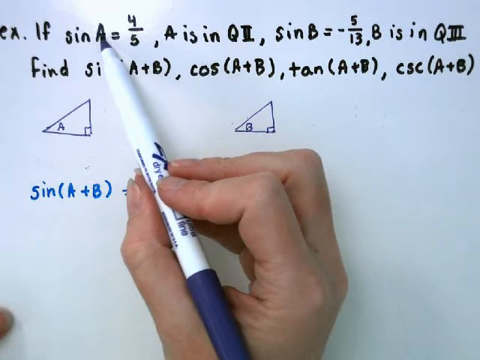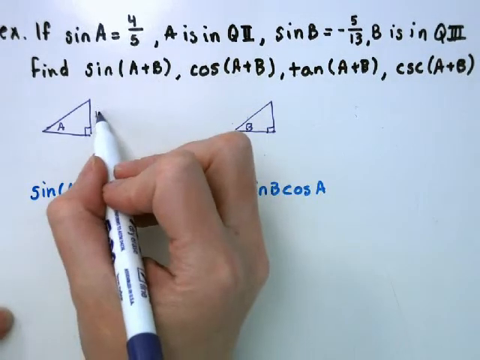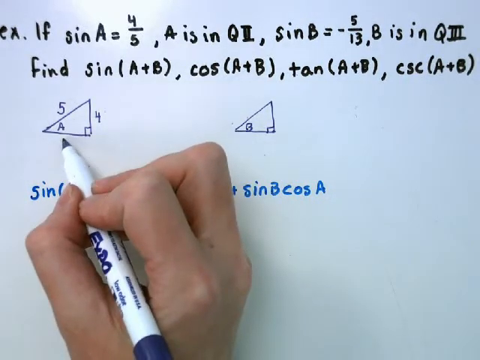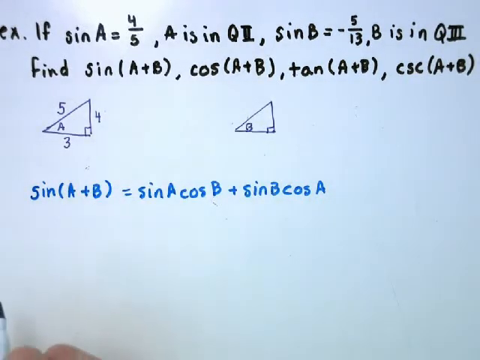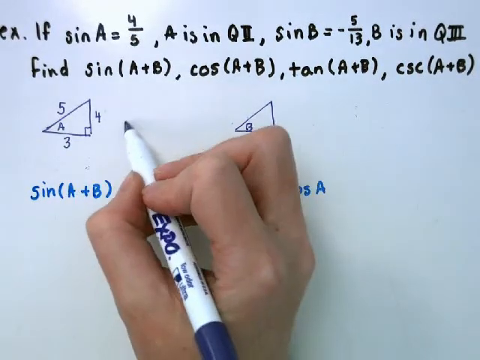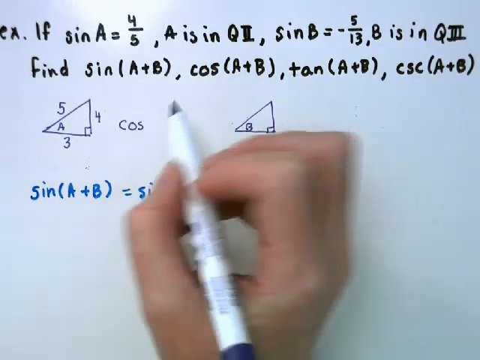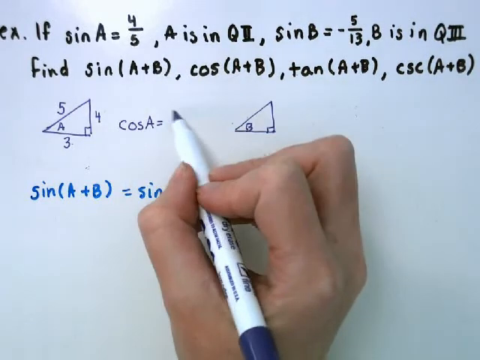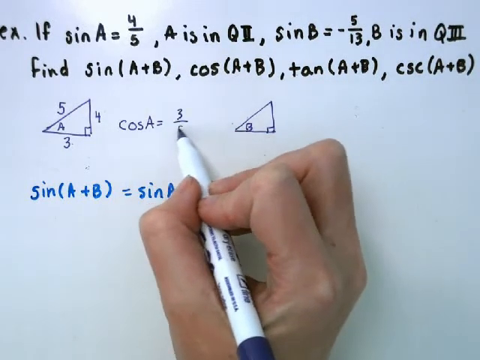If sine of A is 4/5, that means the opposite side is 4, the hypotenuse is 5, which makes the adjacent side 3. So in this triangle, cosine is going to be the adjacent over the hypotenuse, so cosine of angle A is 3/5.